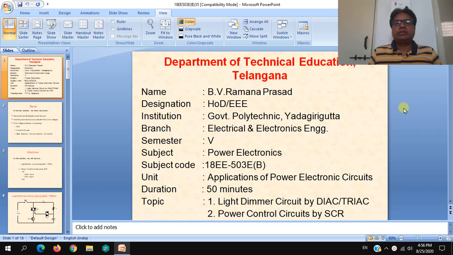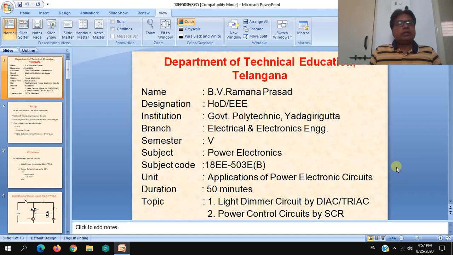This is the 35th session in this series, in which we are going to discuss some circuitry applications of power electronic circuits for specific applications, or simply whatever we have been discussing for the last three sessions under the unit applications of power electronic circuits.